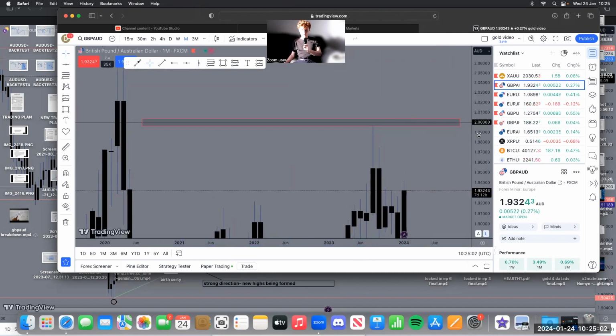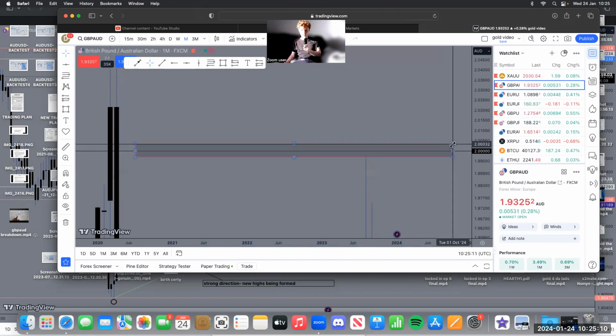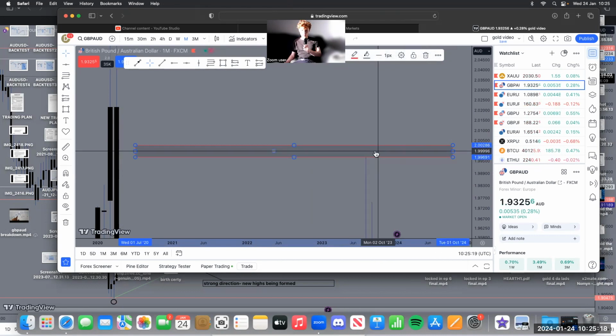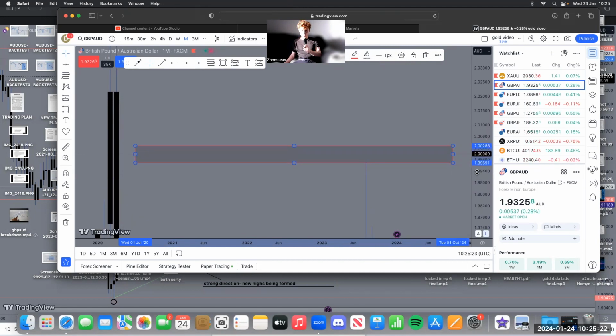And the reason you set a little rectangle around it is, one, because price never treats it as an individual level. Like, you see how it's not quite touched 2000, but it came into 1.9950, 50 at the end.